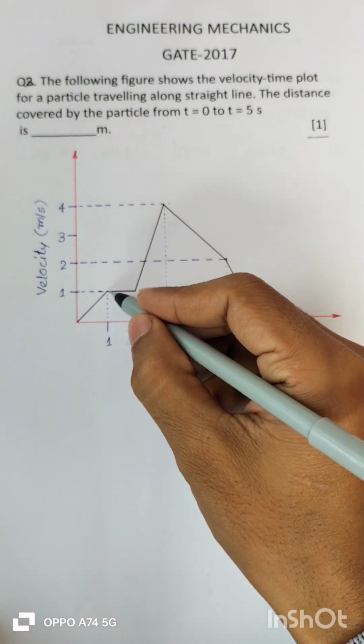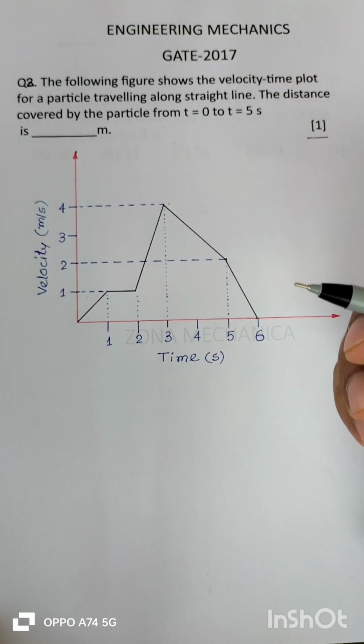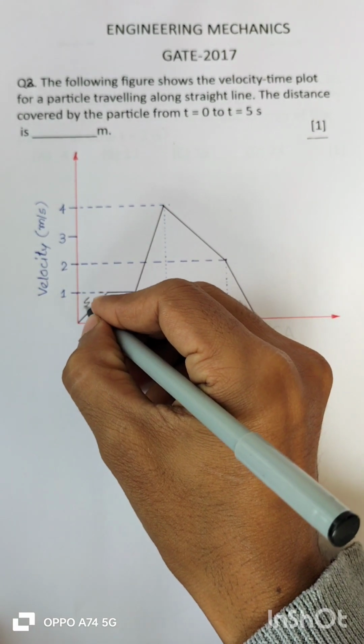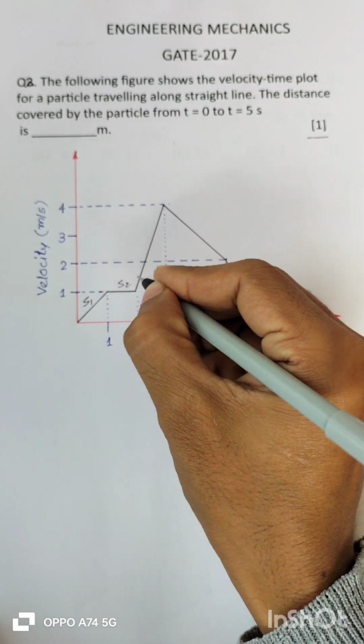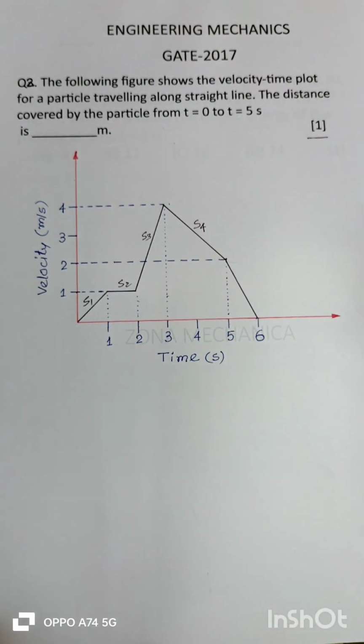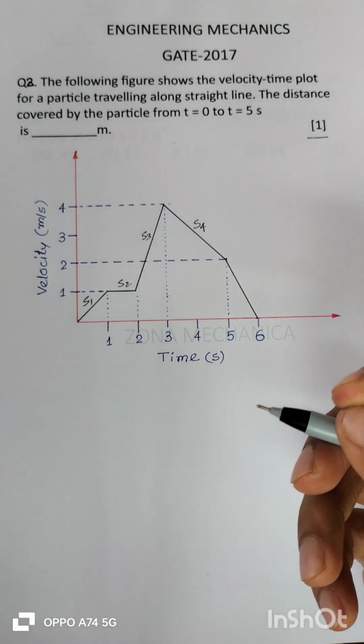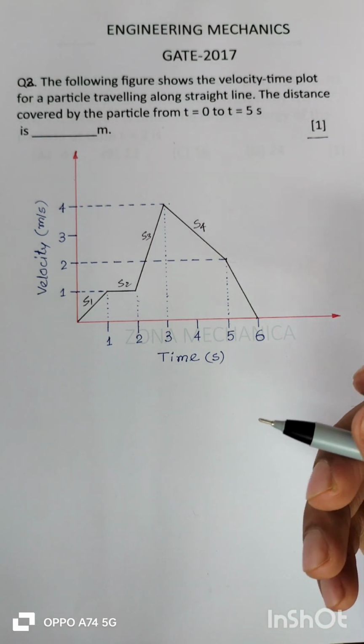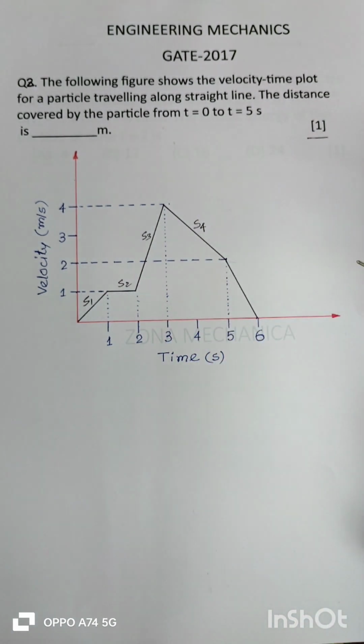Okay, so there are 4 segments. So let S1, S2, S3 and S4 be the distances traveled by the particle in the 4 segments.